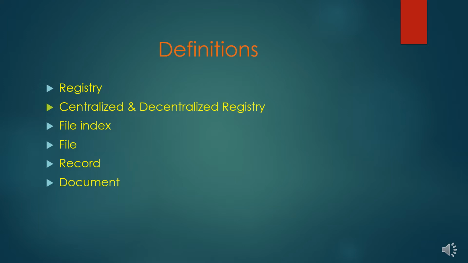So we look at a decentralized registry, and we look at an example of a university that has different faculties. In these faculties, they have their own information that they manage. And you realize that these faculties, mostly in the university, are located a bit far from each other. So it is good that each faculty has its own registry to manage their records.